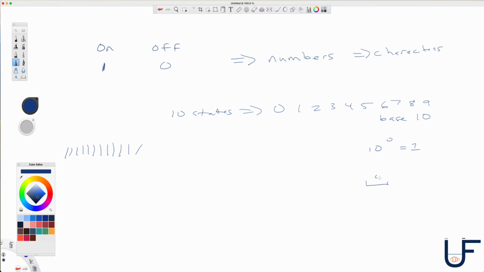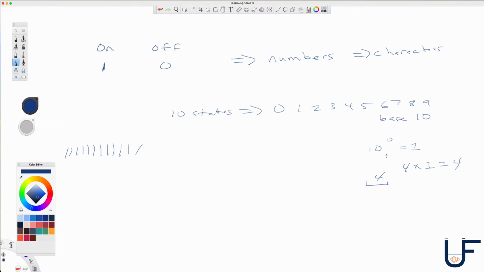If I put a number 4 here, what we're saying is 4 times 10 to the power of 0, which is 4 times 1, so it equals 4. Any number you put in here, times 1, equals that number. So for the very first digit, it's pretty easy. You can convey a 0, 1, 2, 3, 4, all the way to 9.